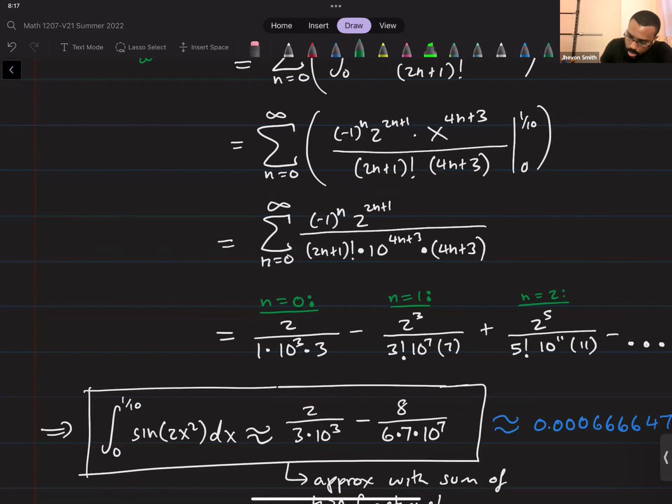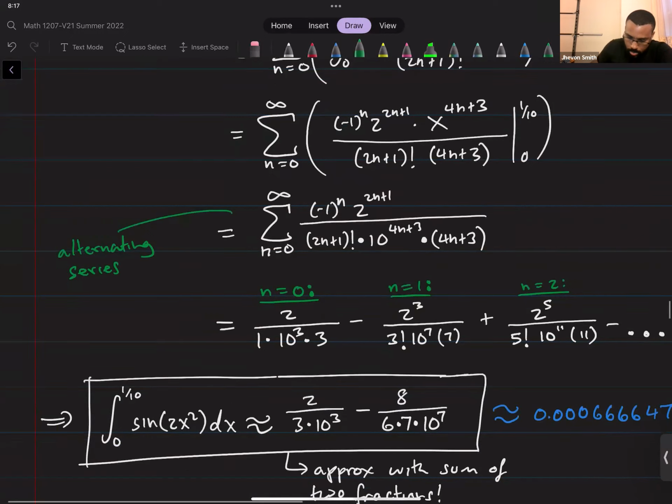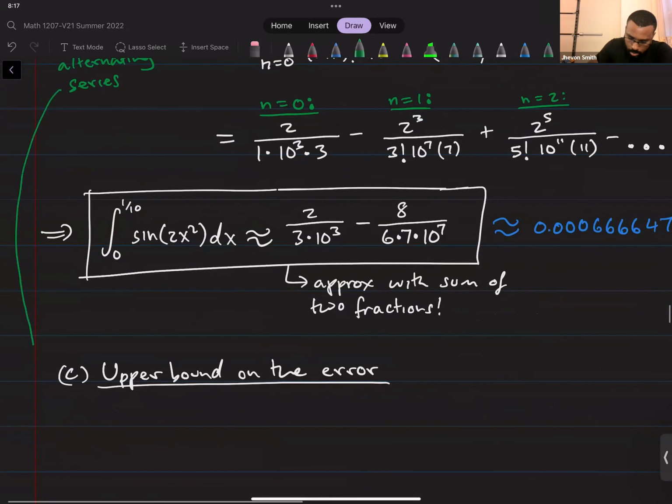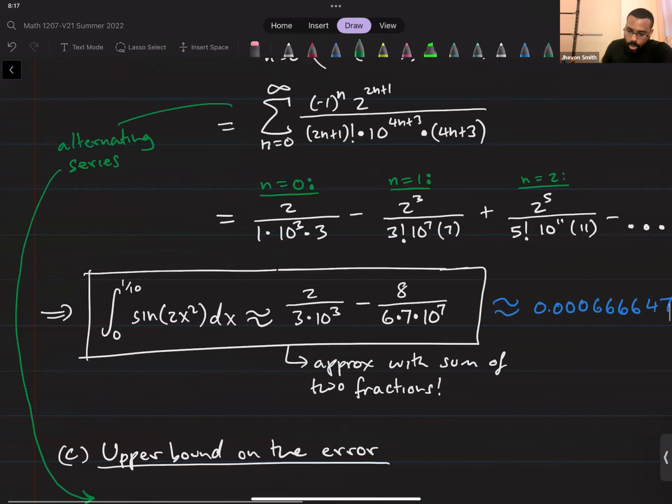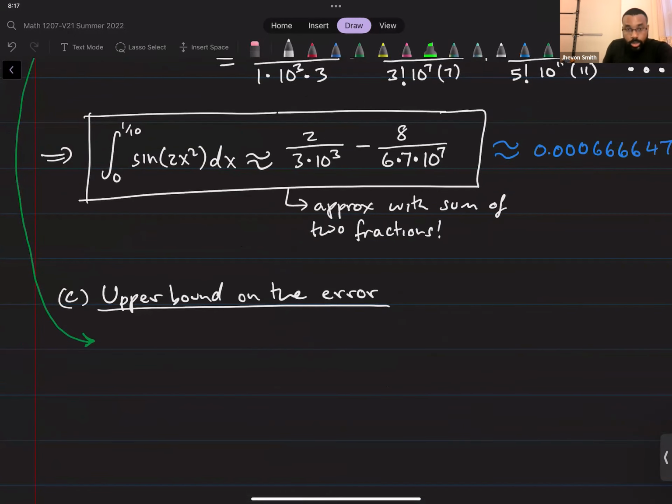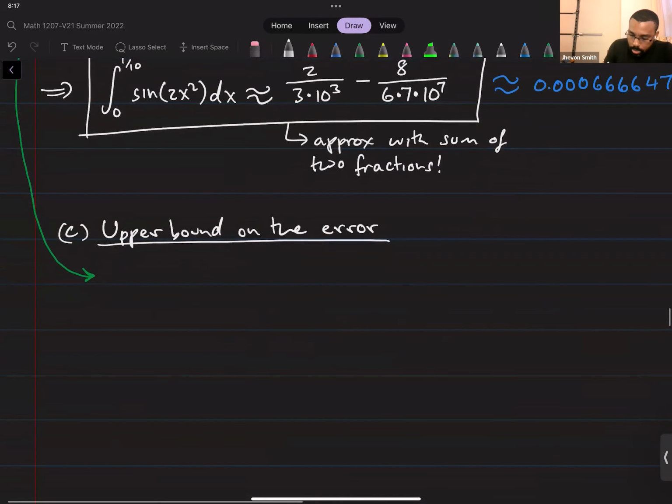Realize here, it's an alternating series. So therefore, I can use the alternating series approximation theorem.